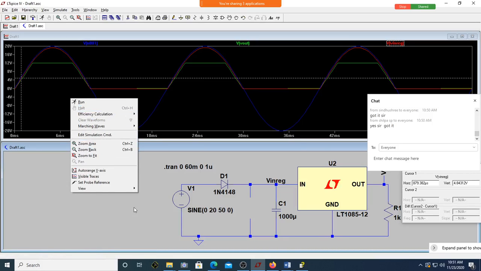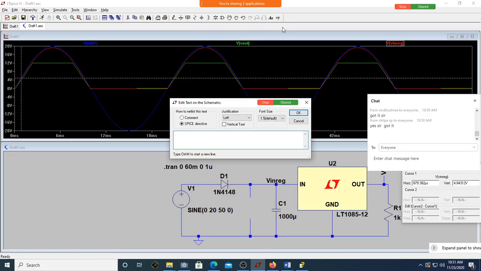So I can go to dot step param, or VAR. I will change the resistance value from 10 ohm to 100 ohm with an increment of 10.